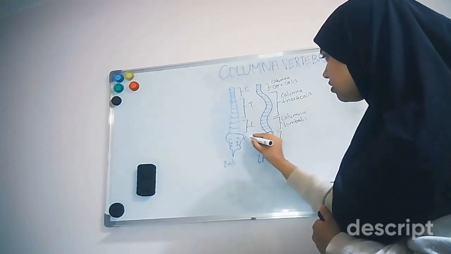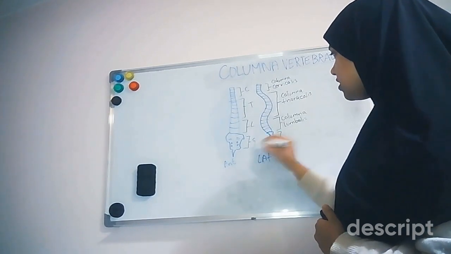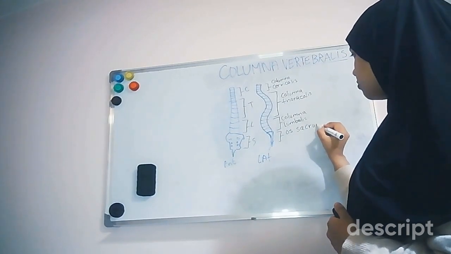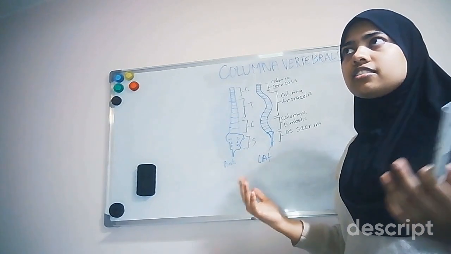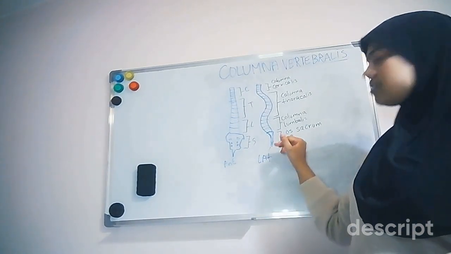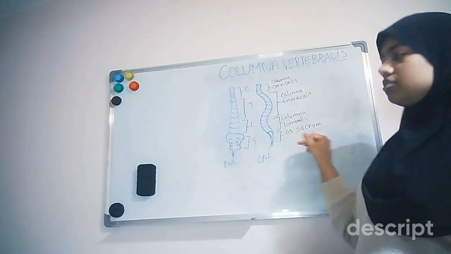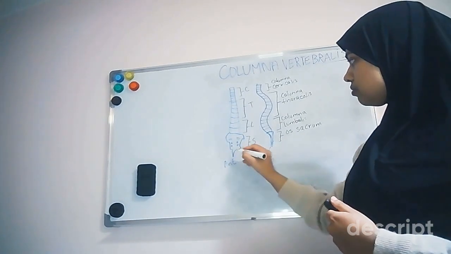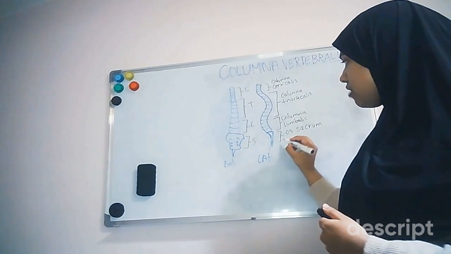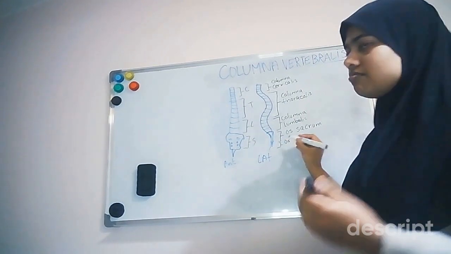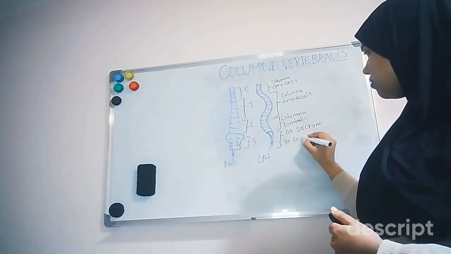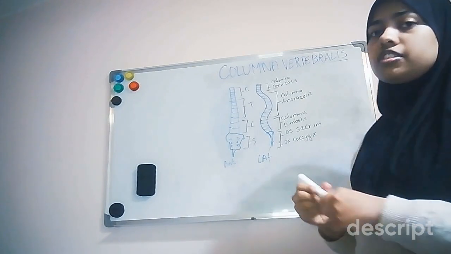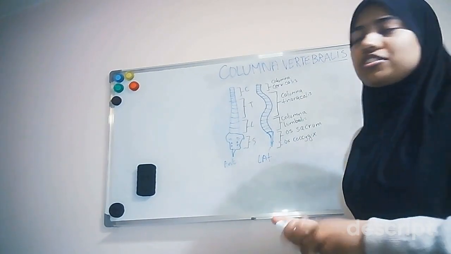So this part right here is called S for os sacrum. Sacrum is basically the sacral bone. Os means bone in Latin, so it's the sacral bone, os sacrum. And below the os sacrum, here we have os coccygeus, the coccygeal bone.